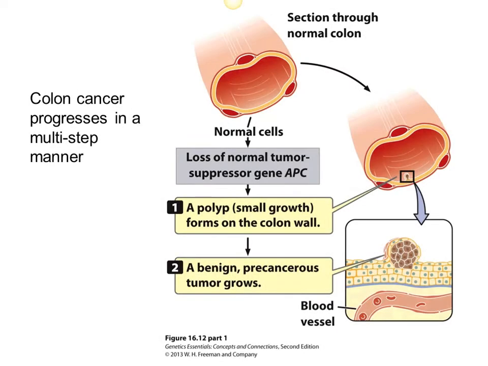So colon cancer will be our model for how cancer can progress in a multi-step manner. Colon cancer arises from initially cells that line the colon and the rectum, and so it's the lower part of the large intestine. And there are several stages which have been studied.